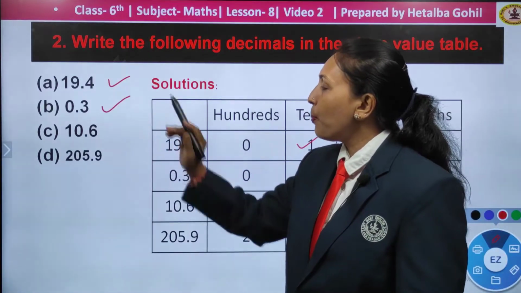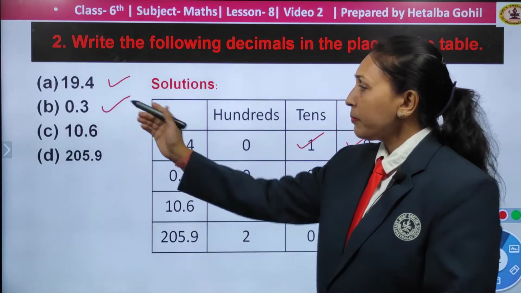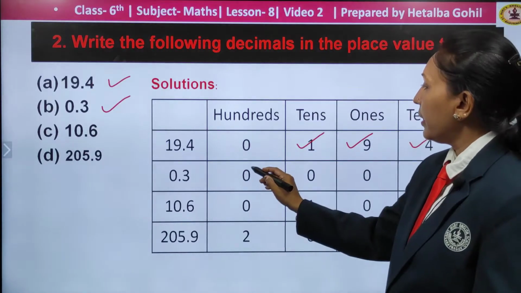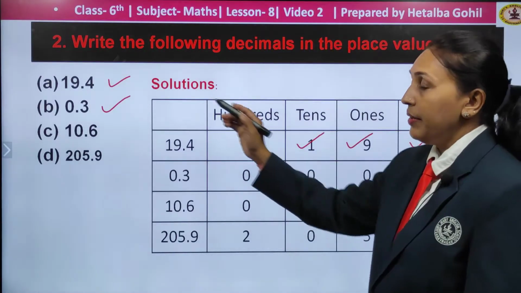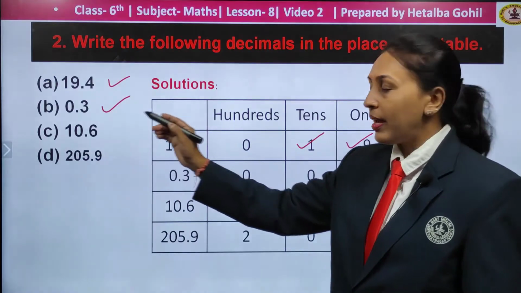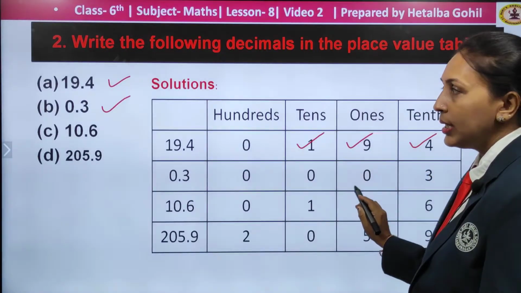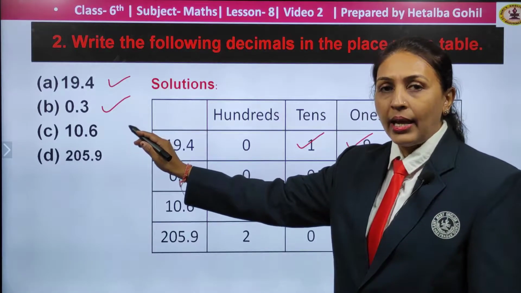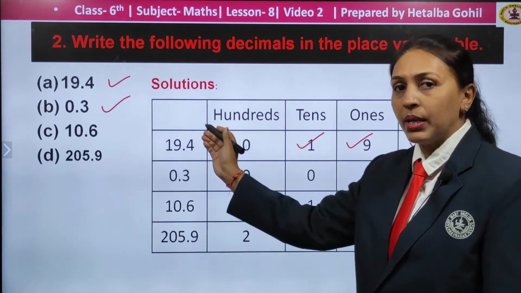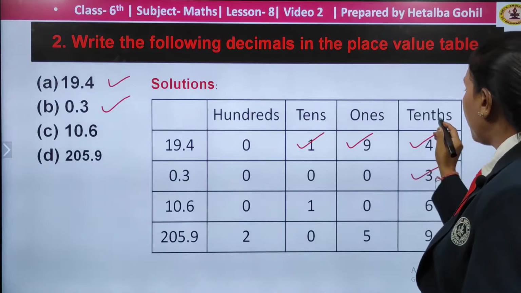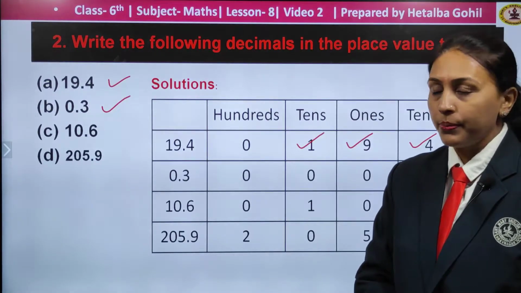Similarly here we have 0.3, where there is no number in the hundreds and the tens place. Even at the ones we have nothing, only 0. So you can place 0 in hundreds, tens and ones, and 3 is there at the tenths place, that is after the decimal point. So 3 we put under the tenths place value.